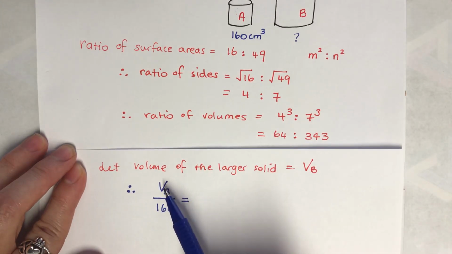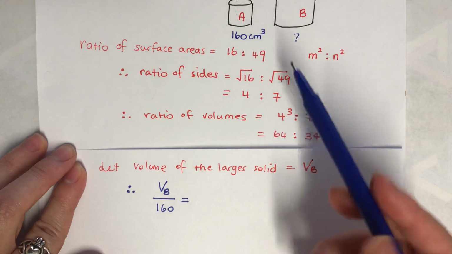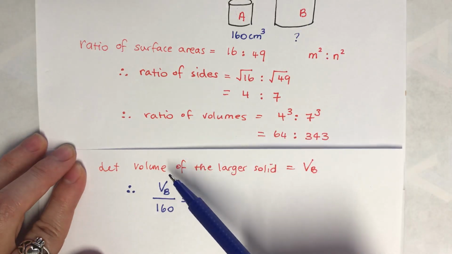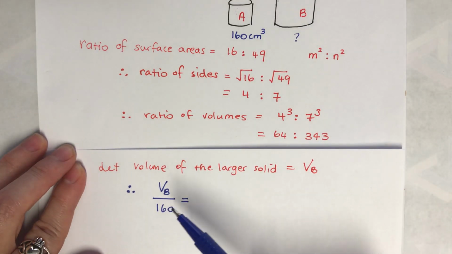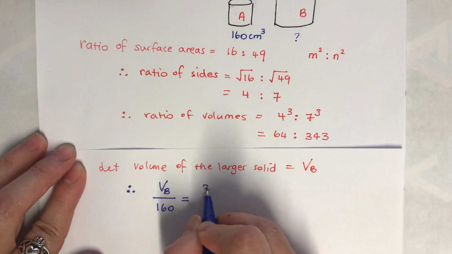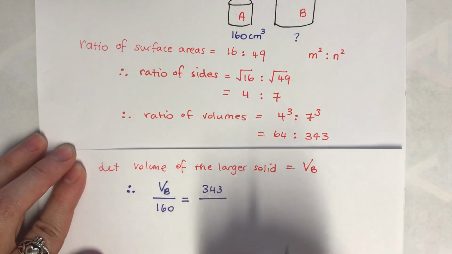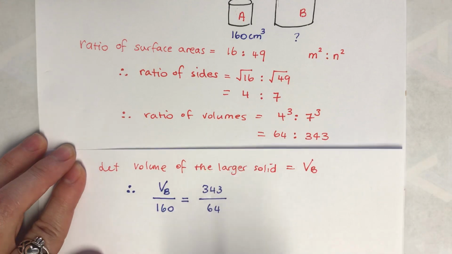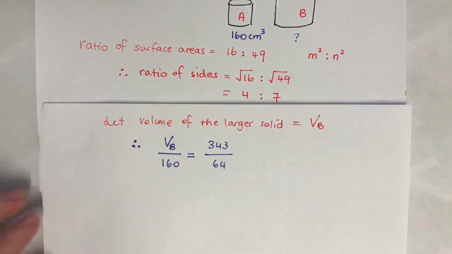I put the bigger volume on the top and the smaller one on the bottom, so my ratio should follow that order. I'm going to put the bigger part of the ratio first, 343 over the smaller part, 64. Remember, keep that order, otherwise you might not get the correct answer.